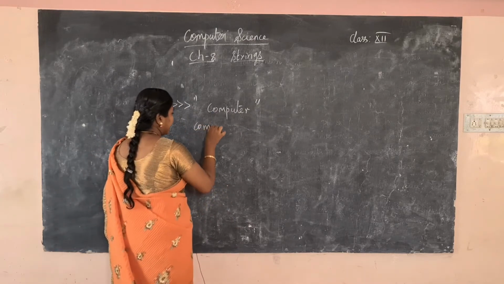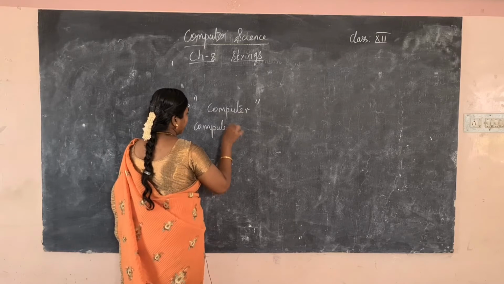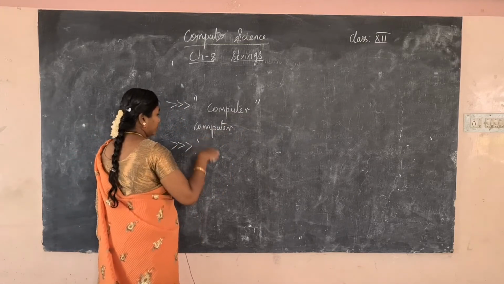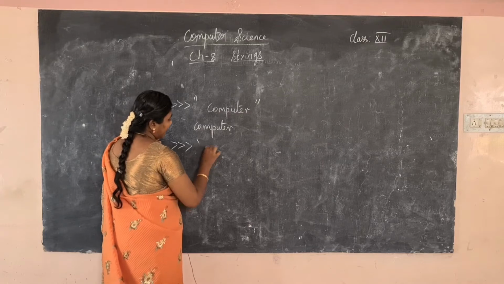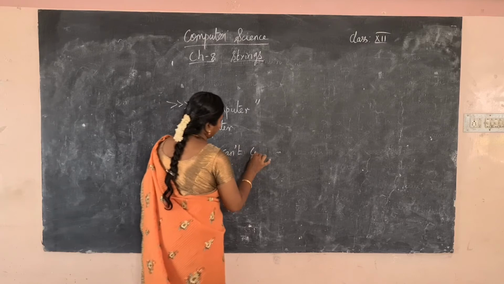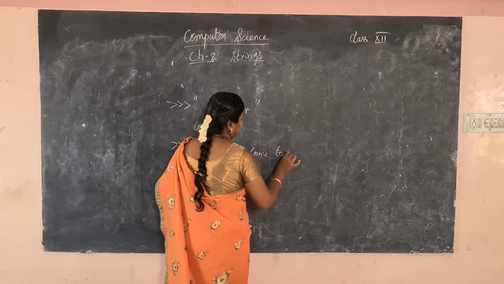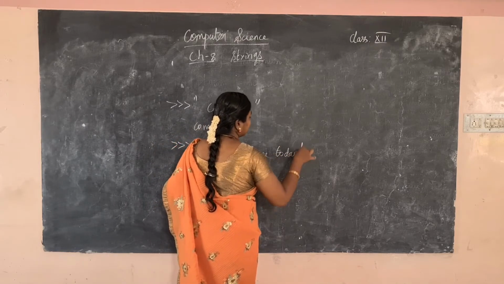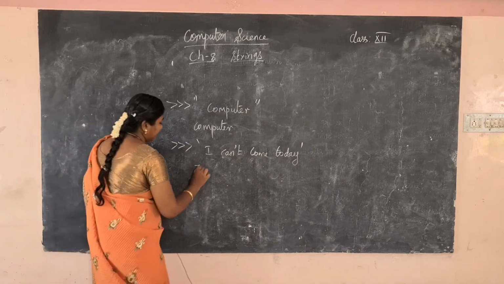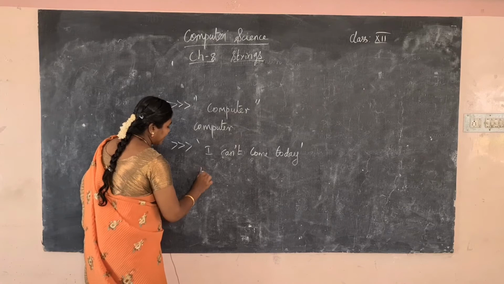It will be displayed as computer only. Suppose in the Python code I give within single quotes, "I can't come today". If I give this sentence within single quotes, then there will be an error. An error will be displayed.